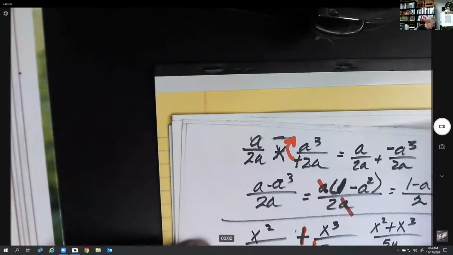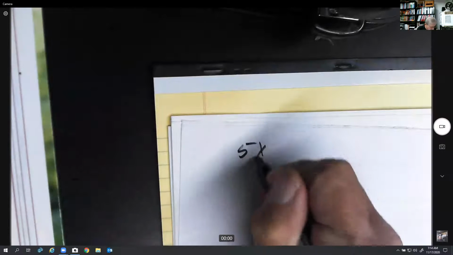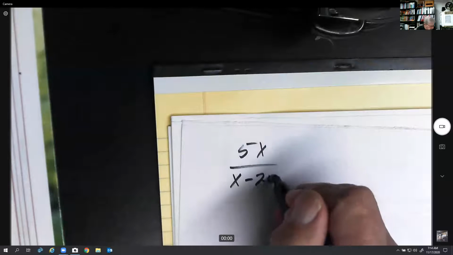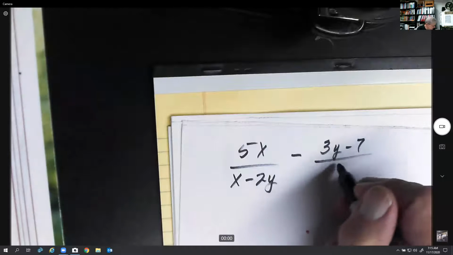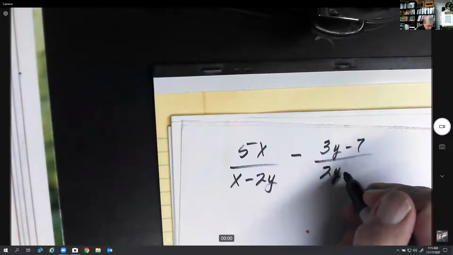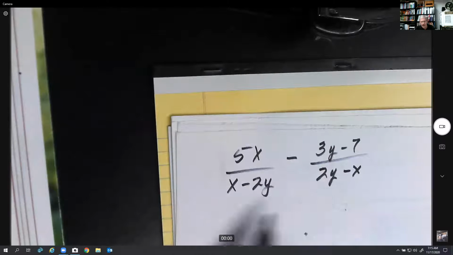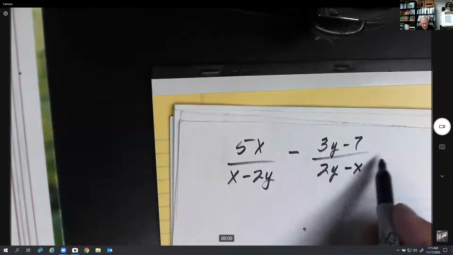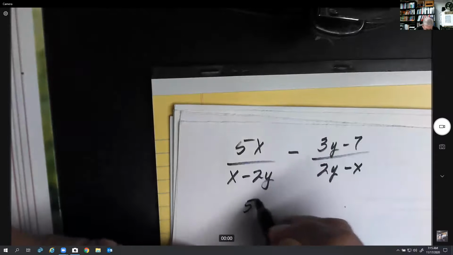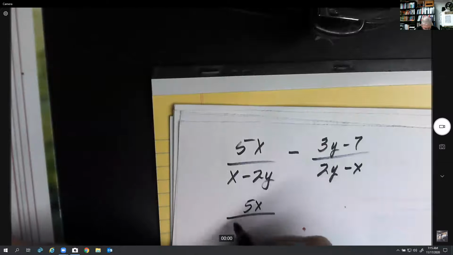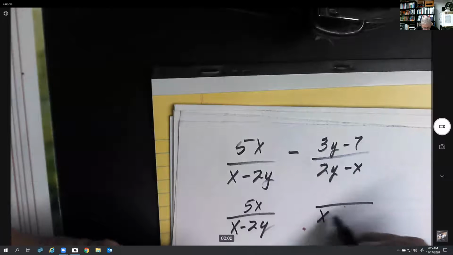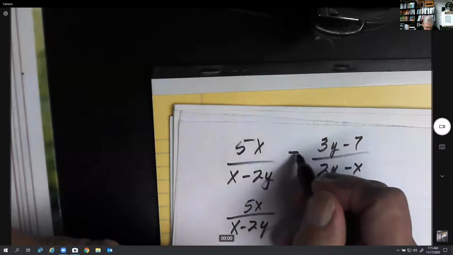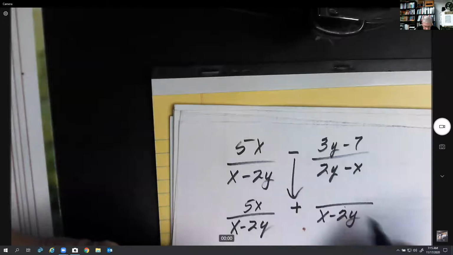All right, let's see if we can do it on this one then. 5x over x minus 2y. And these are little tricks you can use that make it a little bit faster to do the problem. So these are almost identical, aren't they? If I switch this around, I'll show you what I do. When I switch this around right here, make this x minus 2y, I'm going to change this sign from minus to plus.